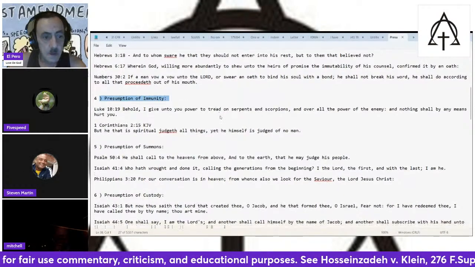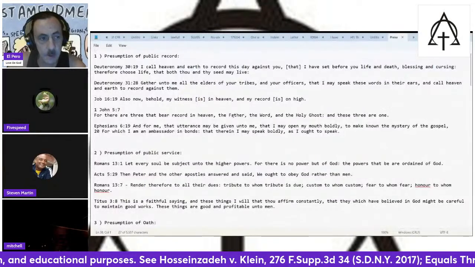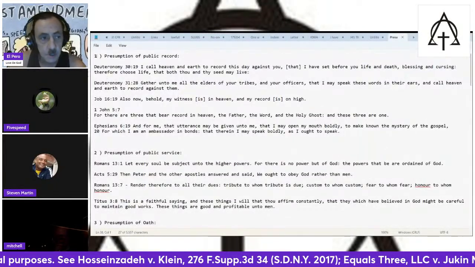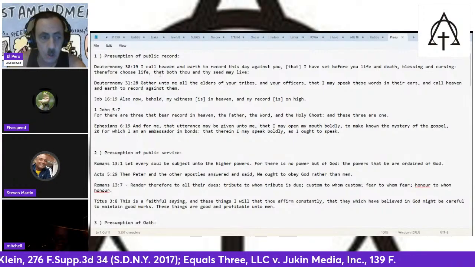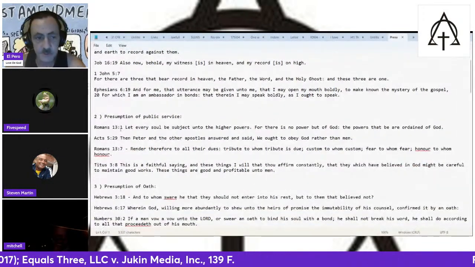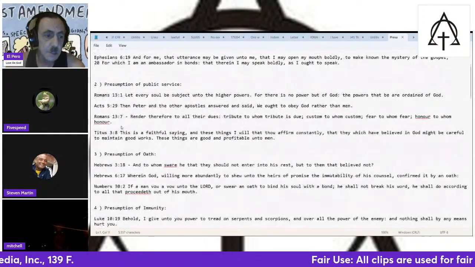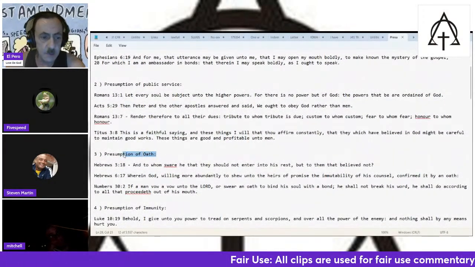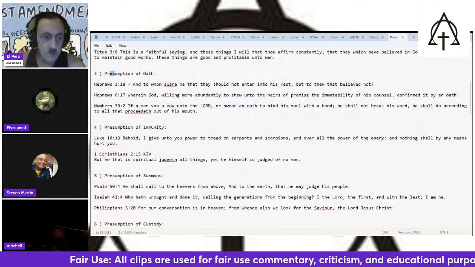There you go. I've got these 12 presumptions pulled up, and I'm not going to read the whole thing, but I'll give you the 12 presumptions. First presumption is presumption of public record. That's the one that's in error. Second presumption is presumption of public service. That is the error. We were presumed to be in public service. Presumption of oath. That is another error, that we have been under oath. Presumption of immunity.